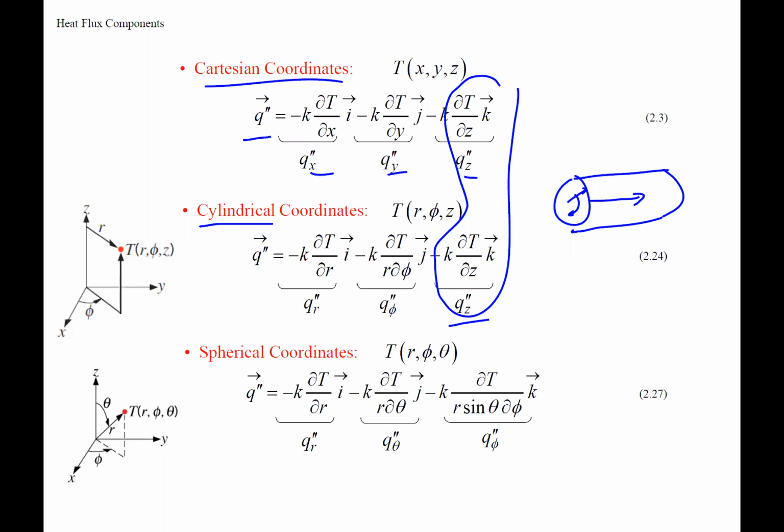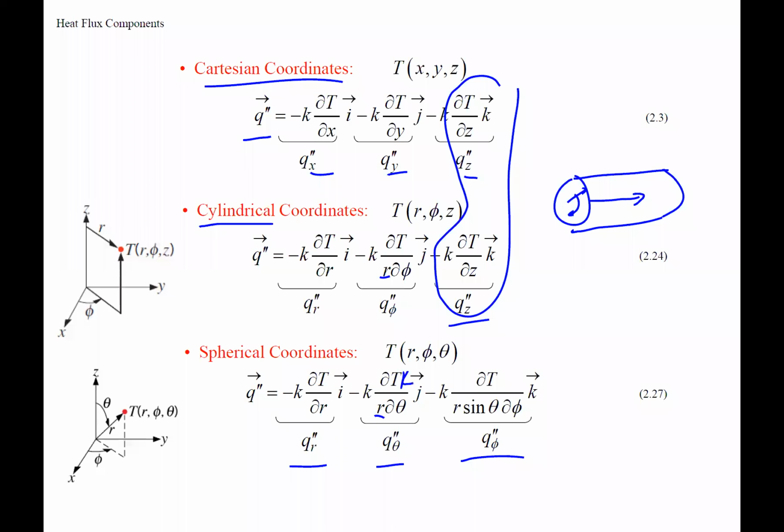Spherical coordinates are a little bit trickier because there are two angles now, okay? So now you have the two angles that look like the cylindrical, and then you have another one with angles, so it becomes tricky. The one thing you'll see with the angle ones is they have the r, right, because of units.